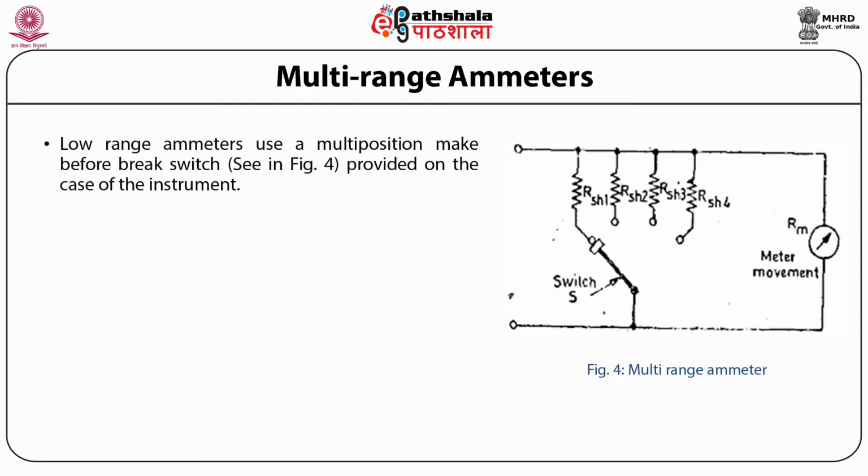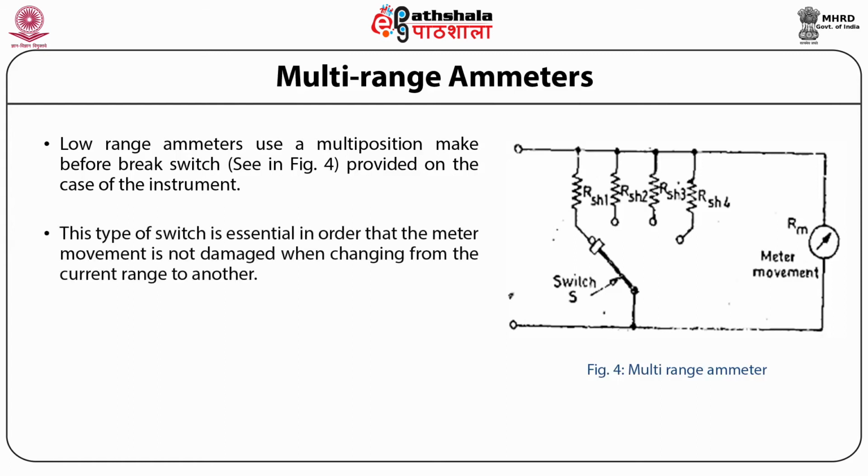Low range ammeters use a multi-position make-before-break switch, as is shown in figure 4. The switch is provided on the case of the instrument.